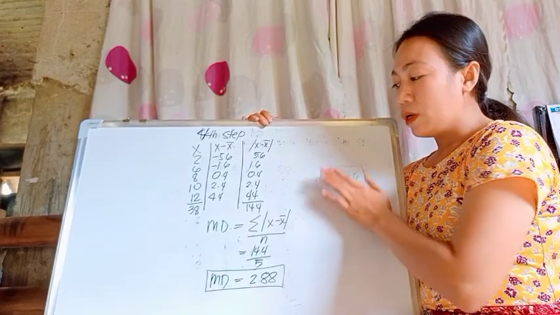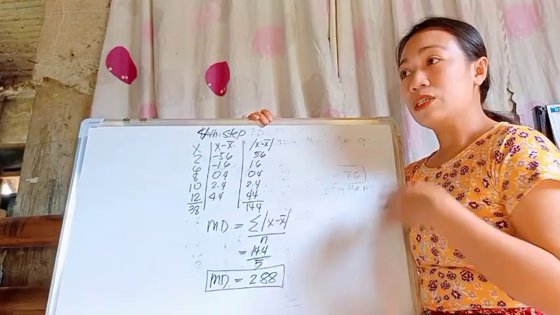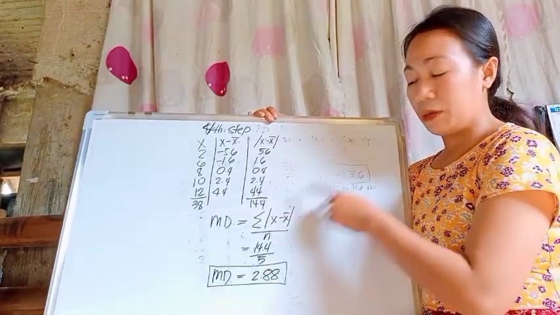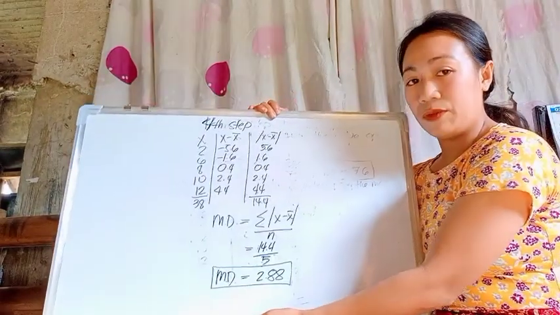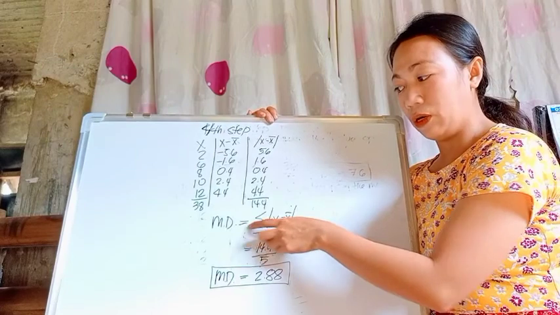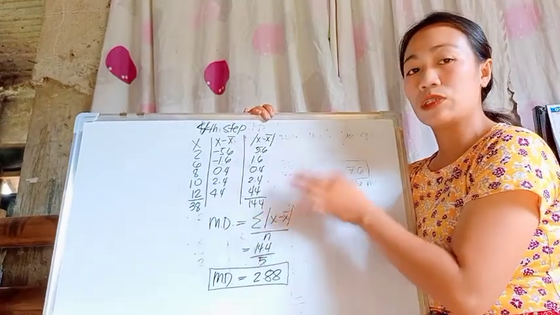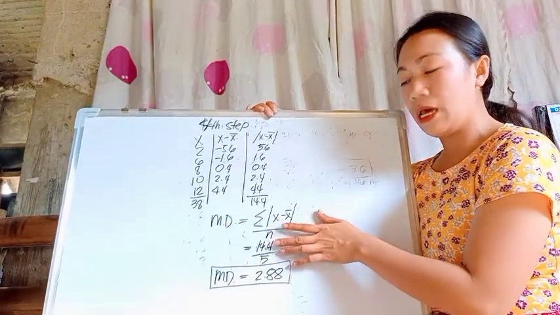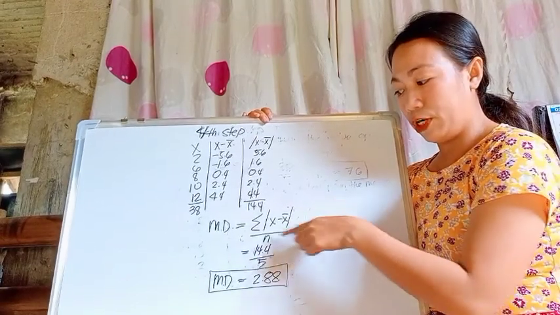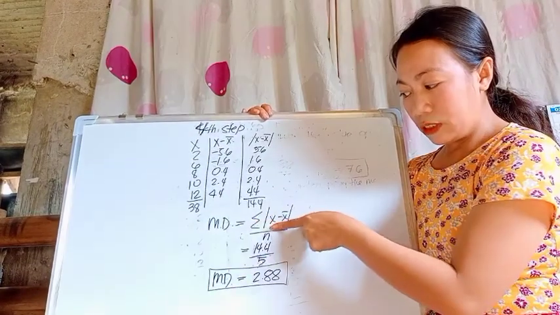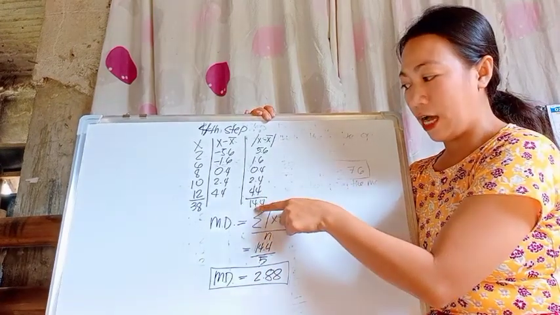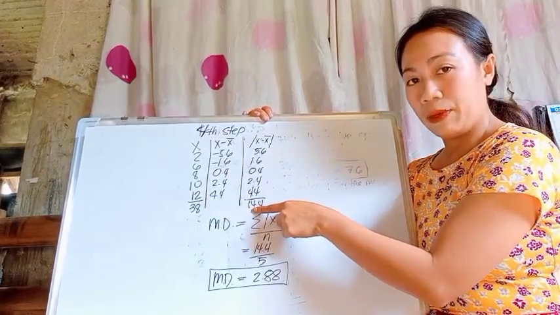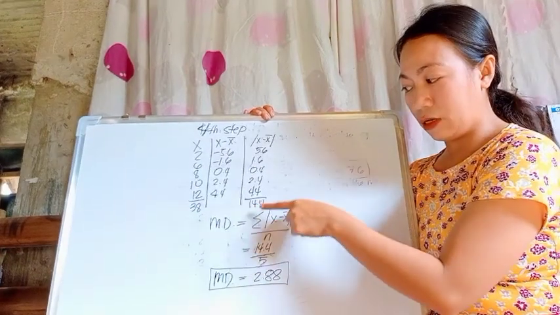And now, we can solve our mean deviation. So, the formula of our mean deviation is M.D., or mean deviation, is equal to summation of absolute value of x minus mean over n. The numerator is 14.4, which is our summation.